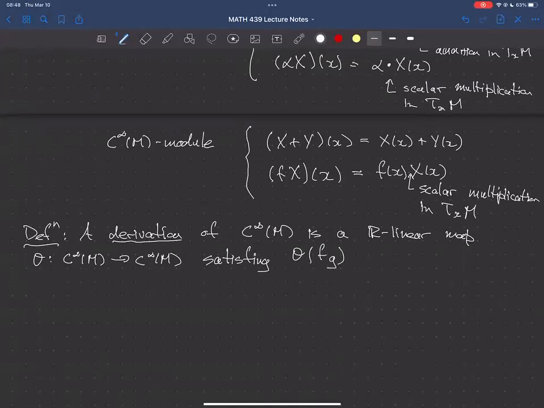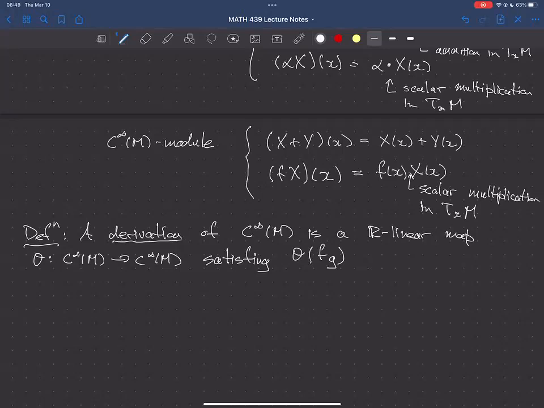Okay, it's theta of fg. And so it's called a derivation, and you think it probably has to do with derivatives in some way. And it does. If you think this is some kind of a derivative, then it's pretty clear what requirement you should make of the definition. And what do you think that might be?